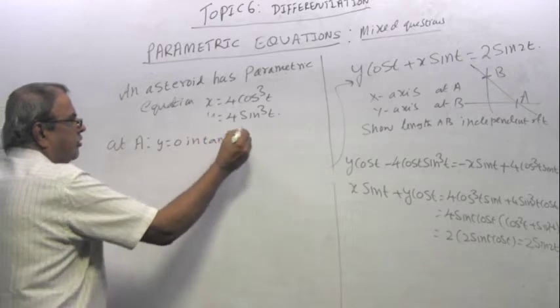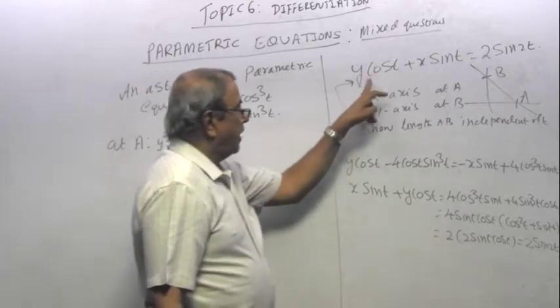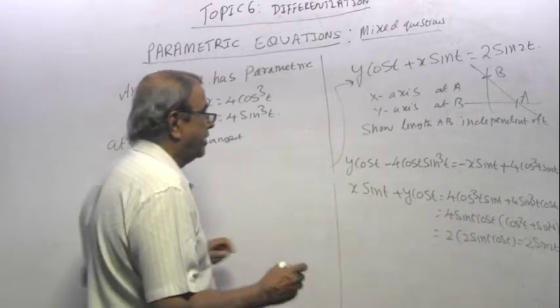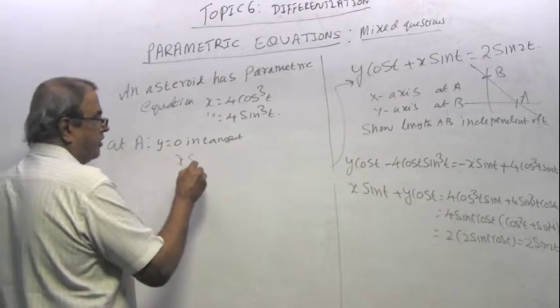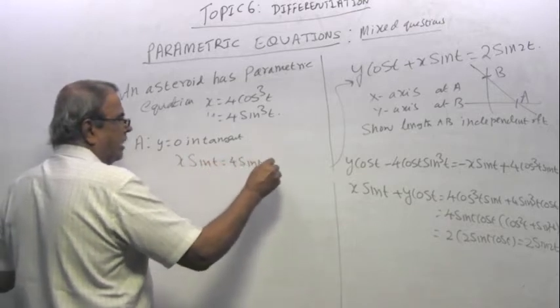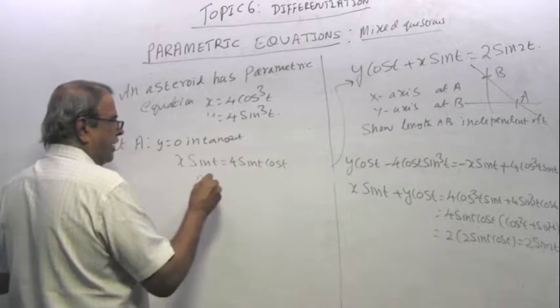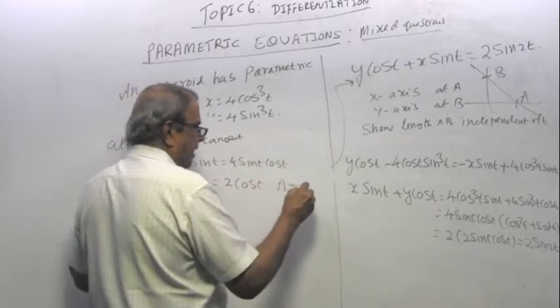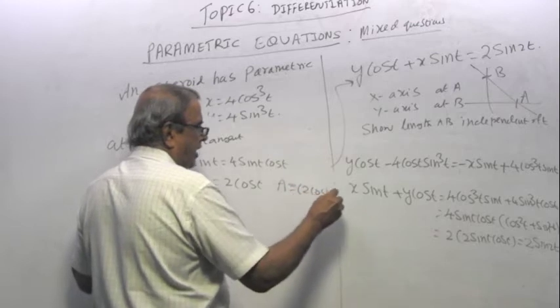This is where you have to use your common sense. If y is 0, I've got a sin t, so use this instead of 2 sin 2t. So x sin t equals 4 sin t cos t. So x equals 2 cos t. So the point A is (2 cos t, 0).